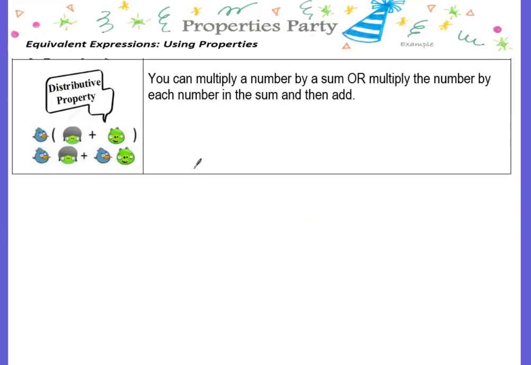And our last property is called the distributive property. The distributive property says that you can multiply a number by a sum, or you can multiply the number by each number in the sum and then add. So for example, if I have 3 times the sum of 4 plus 2, you can add the two numbers together, 4 plus 2, and get 6, and then multiply that by 3 to get 18.